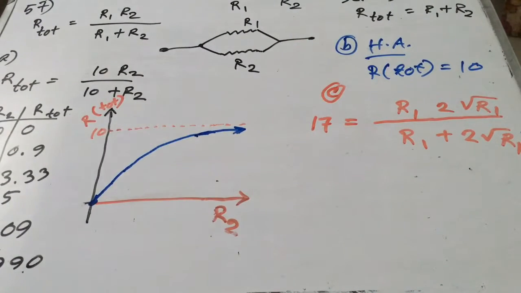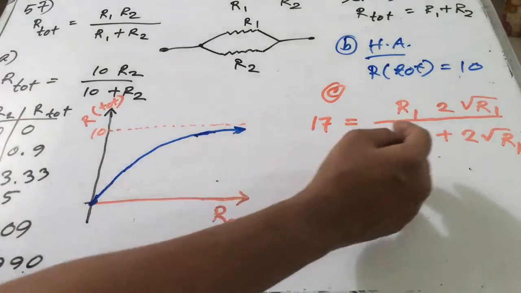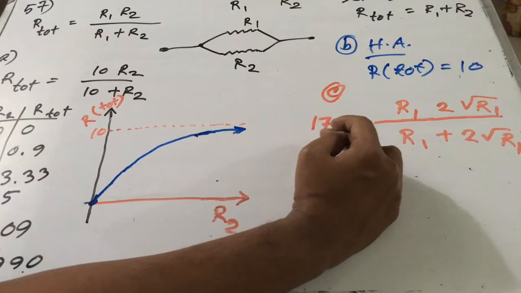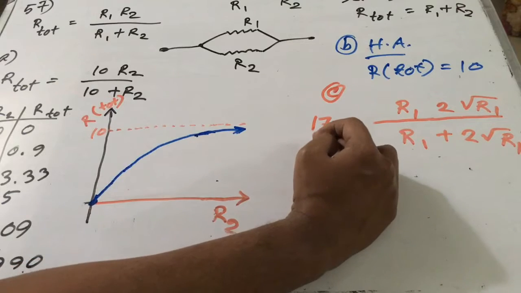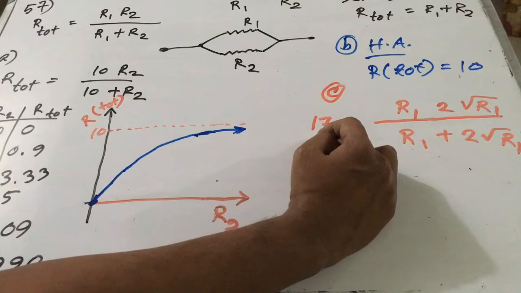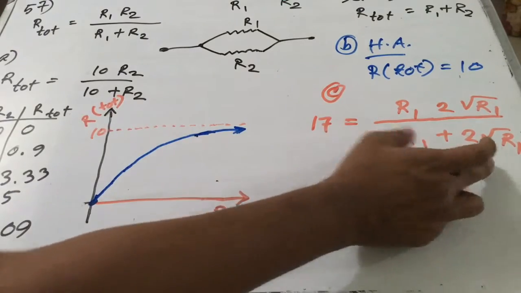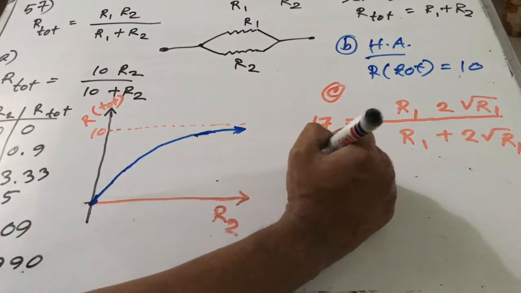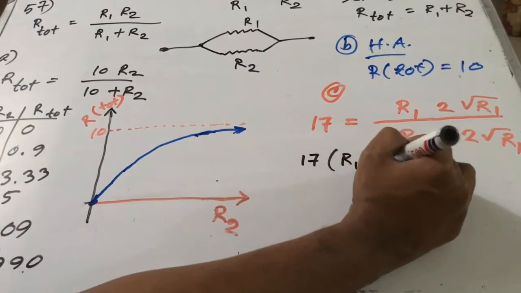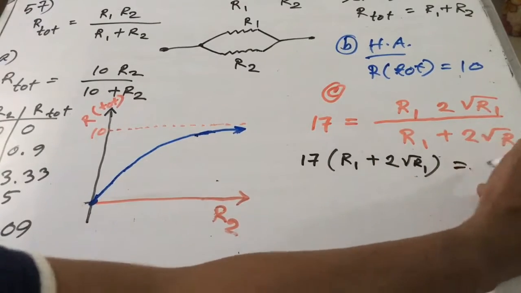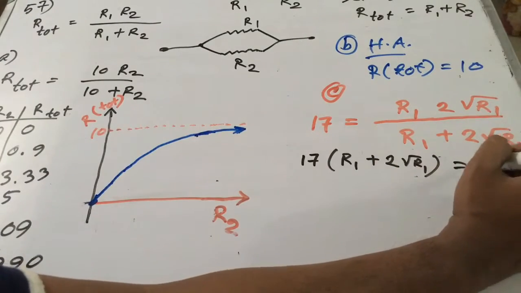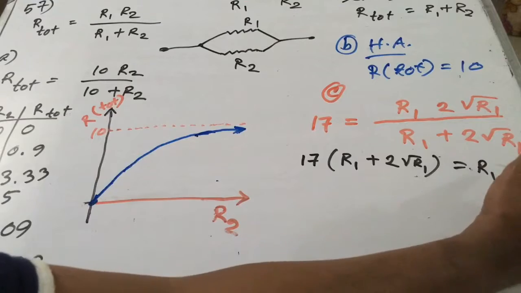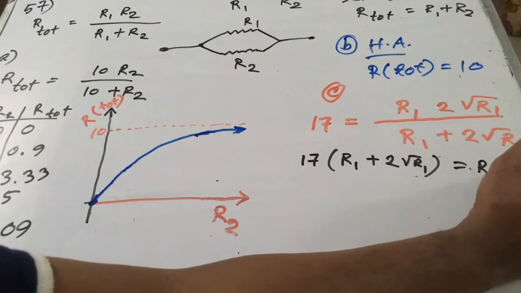Okay. Now we have to give a try to solve this math, and you can. There are a lot of approaches to solve this. What we can do is multiply them, and then you get 17 into R1 plus 2 root R1 equals, actually we can combine both of them, R1 plus R1, then 2 root R1.